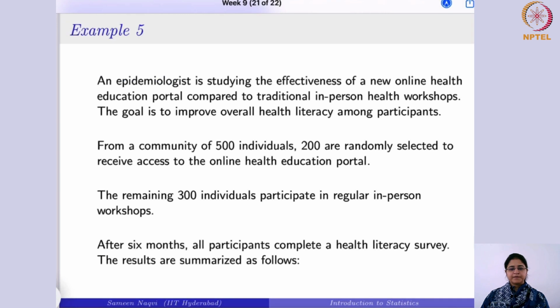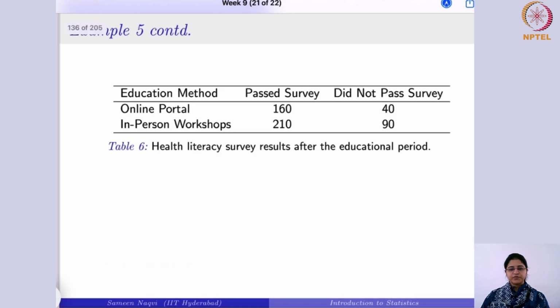After 6 months, all participants complete a health literacy survey, and the results are summarized as follows. Those who pass the survey are 160 for online and 210 for in-person, and those who did not pass are 40 and 90, because there were a total of 200 in the first case and 300 in the second one.